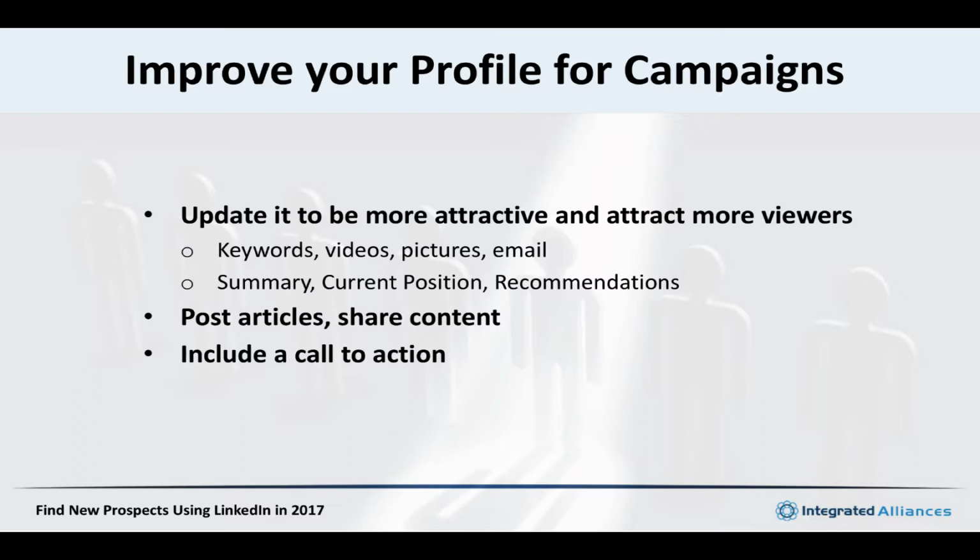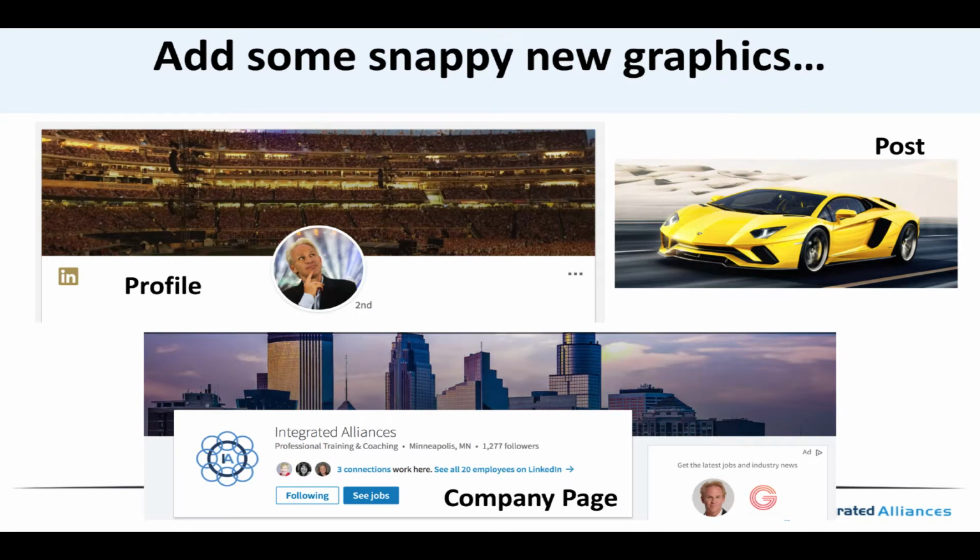When I talk about the pictures and graphics and eye candy and all, I mean there's a fight out there for eyeballs. Adding some snappy graphics really helps. In posts, the picture in a post very often represents the post.